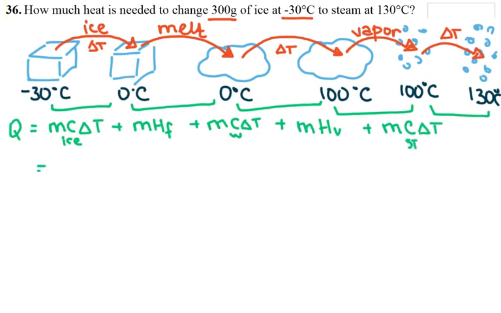So again, every single one of them has mass, so I'm going to take the mass out from all of them. So the mass is 0.3 kilogram. That's 0.3 out, and what's left inside, I have the specific heat of ice, which is 2060, and the temperature change here is 30 degrees.